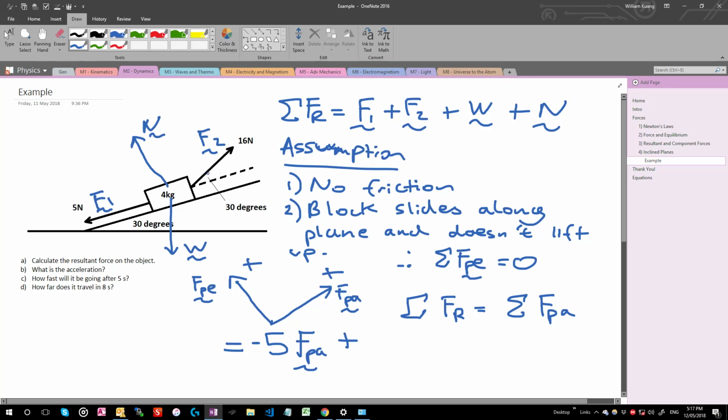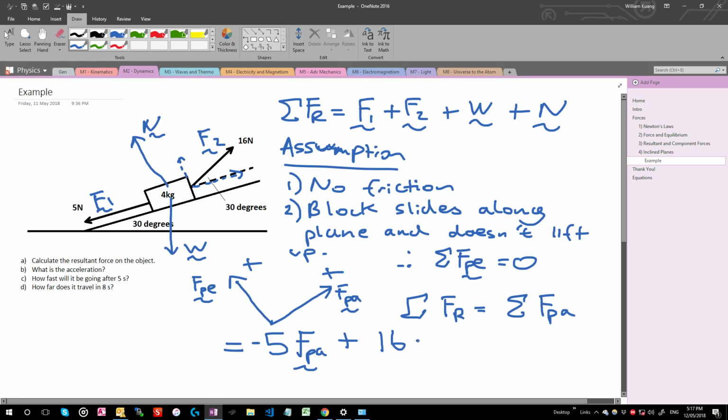Now, if you look at F2, F2 has 30 degrees over here, and it's 30 degrees from the plane. If you need to turn this into the parallel component, you imagine this as a triangle, and I'll just draw some dotted lines to make it a little clearer. You want to work out this component. To work this out, it would be F2, which is 16, and you take cosine because you can imagine this as adjacent and that as the hypotenuse.